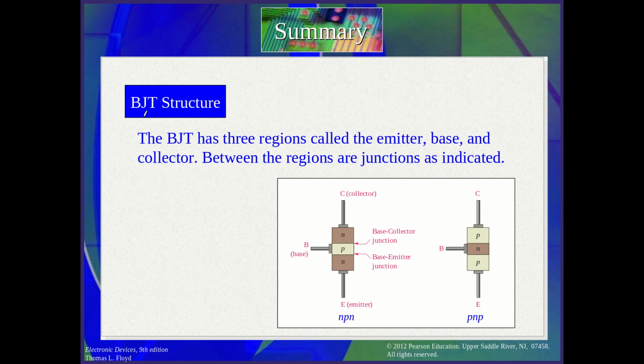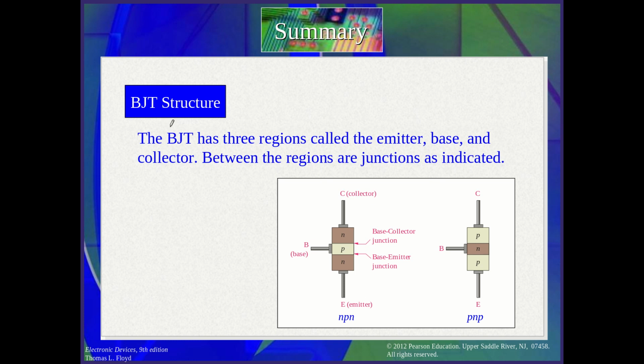Now we will speak about the transistor and how it works, and after that, in later chapters, the circuits that use transistors. There are many different types of transistors, but the basic one is the BJT, bipolar junction transistor.